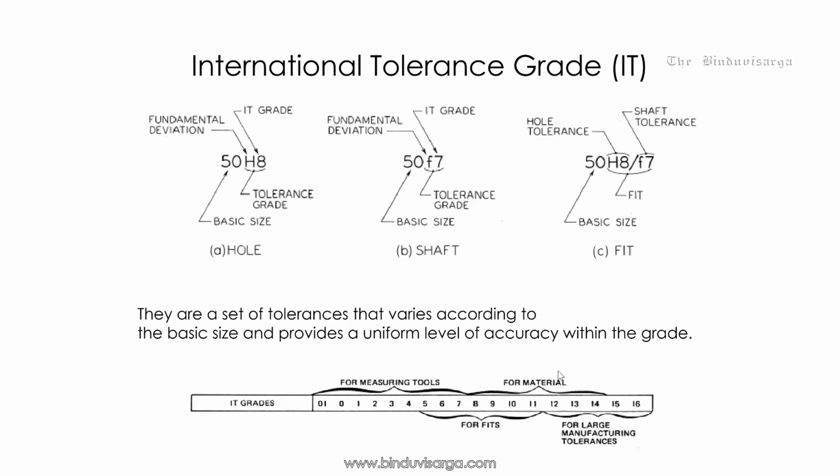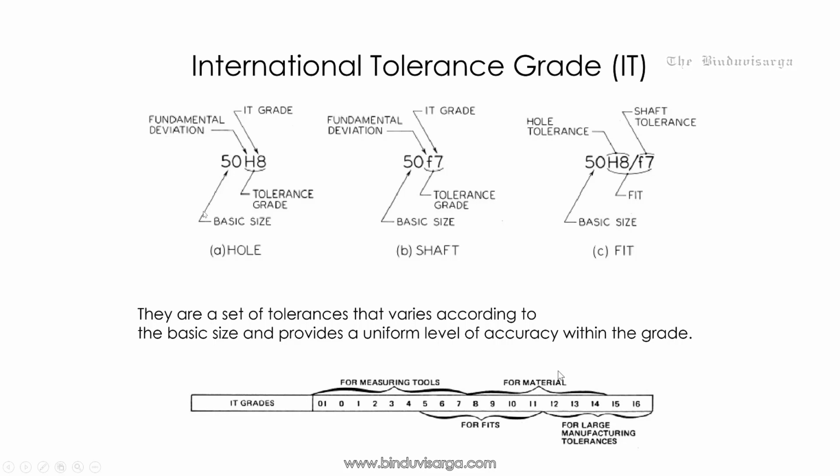So here is the international tolerance grade formations. As you can see, 50H8 and 50F7, 50H8/F7. So to decode, you can see the decode information. In the fundamental tolerance grade, you can have a tolerance and grade and you can decode as we are seeing on the screen.